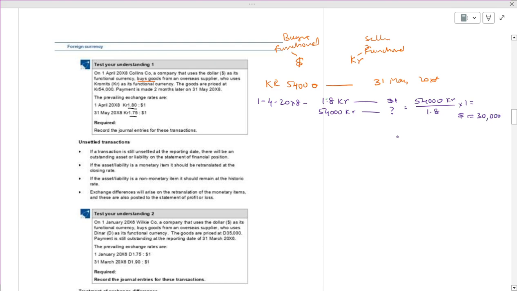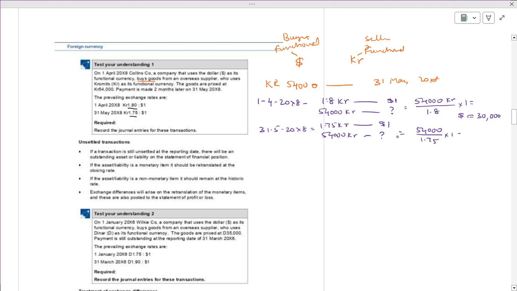This is on 1st April. And what happens on 31/5/2008? 1.75 KR is $1. Okay, 54,000 KR is equal to how much? 54,000 divided by 1.75.